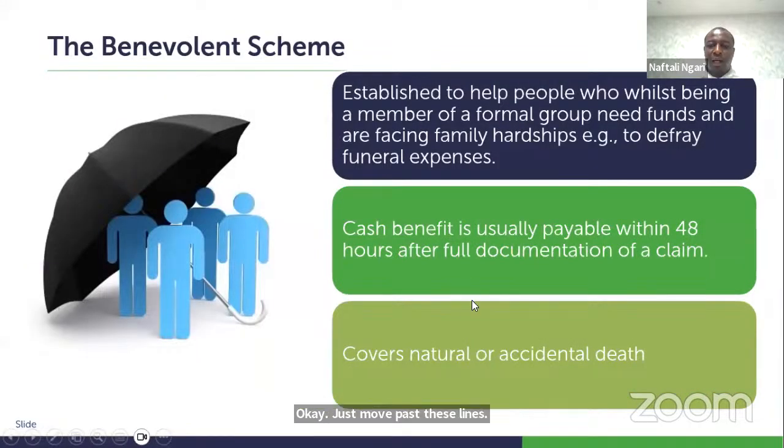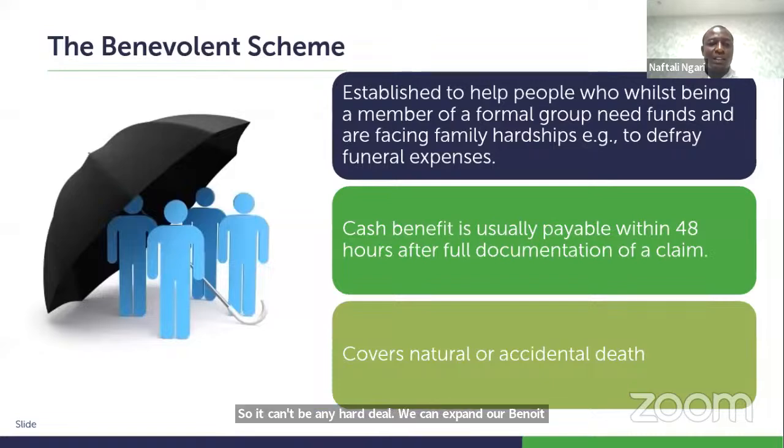All right, so without much further ado, I'll go right into our Benevolent scheme. The Benevolent scheme is basically a scheme established to help people who are within a formal group in times of need. So it can be any hardship. We can expand our Benevolent scheme not to only come in during times of grief.